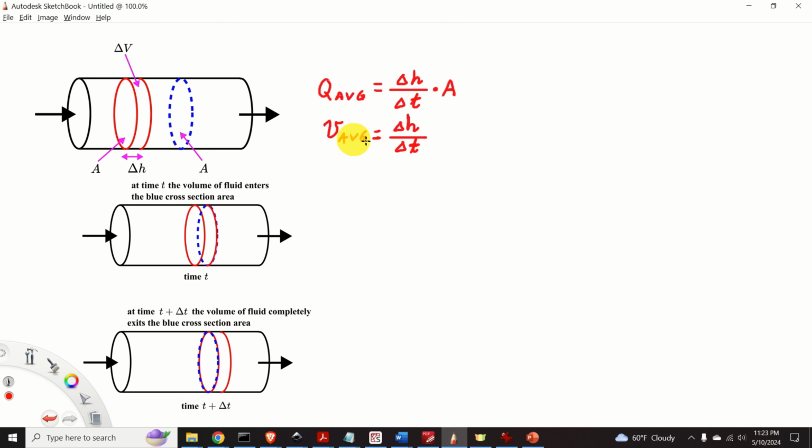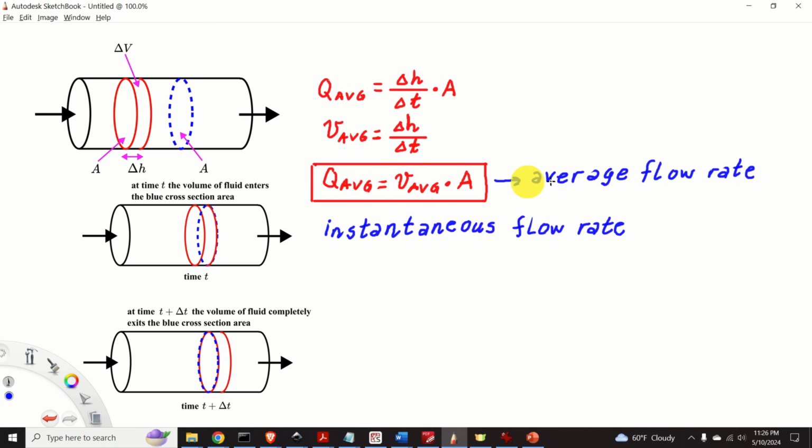If we substitute delta H over delta t in this equation with V average, we finally obtain that Q average is equal to V average multiplying A. That is, the average flow rate through this cross-section A is the product of the average velocity of the volume of fluid and the cross-section area A. And that's it. This is the first important formula that we derived in this video tutorial. This is the average flow rate.